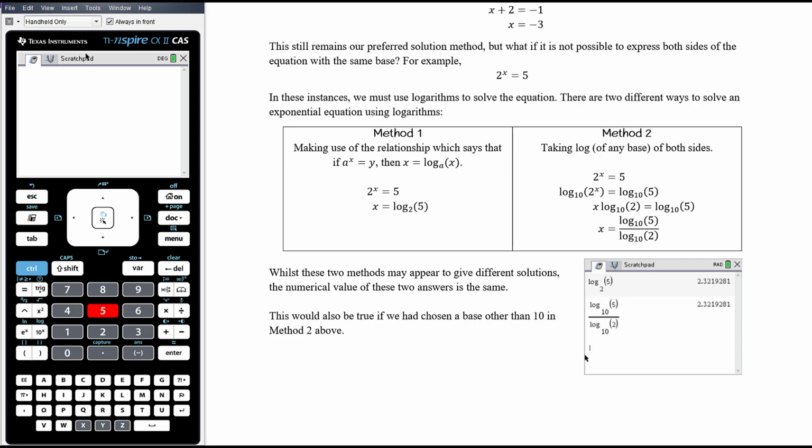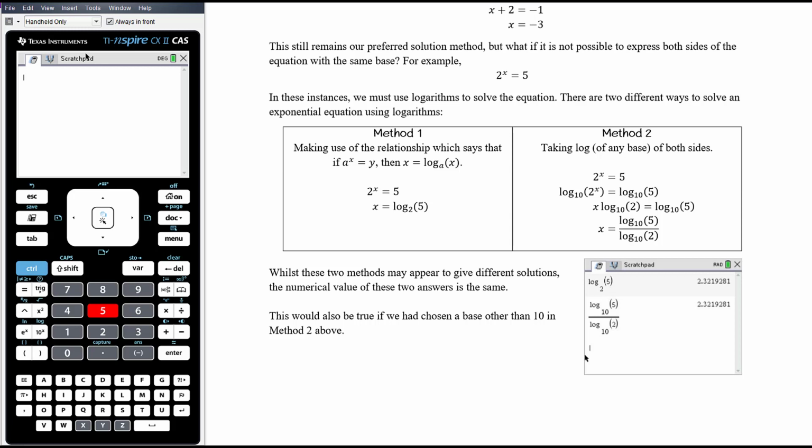What that meant is if you wanted to do anything, you always wanted to use log with a base of 10, and so getting an answer that was log base 2 wasn't very helpful, because you couldn't then work out a decimal approximation for that. So we always used a base of 10. This method still hangs around in a lot of teaching as the way to solve these equations. However, I would use method 1 in this particular instance.